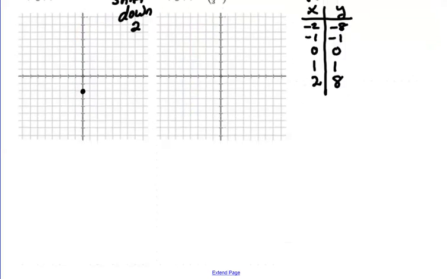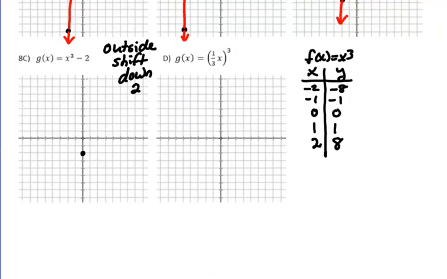So let me extend the page up like that. I'm a little bit off the grid here with that one. There we go. So the whole thing shifted down 2.